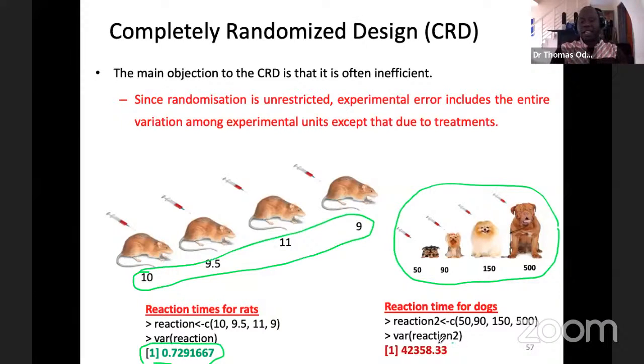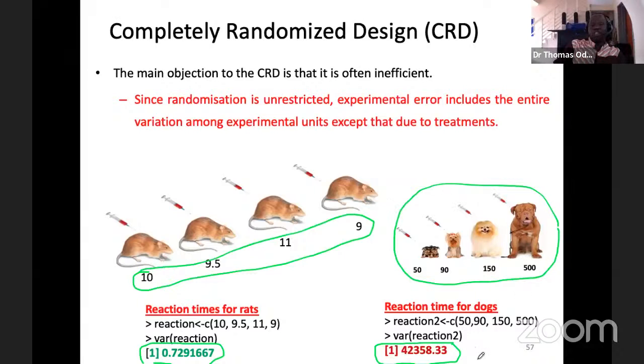So you can see that has resulted in a high variation. Now, as I indicated yesterday, when you're doing hypothesis testing, this variance here, the experimental error variance, is the one that is used as your denominator for calculating your statistics, whether it is a T statistic or an F statistic or chi-square statistic. You always have variance included.